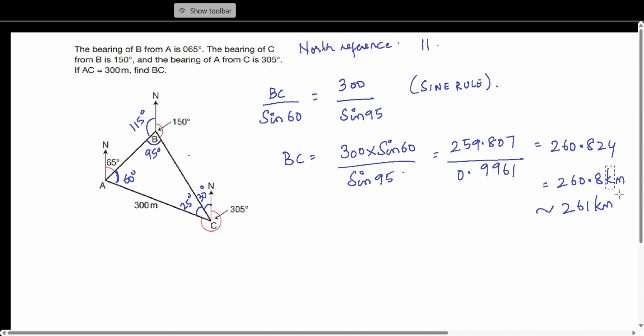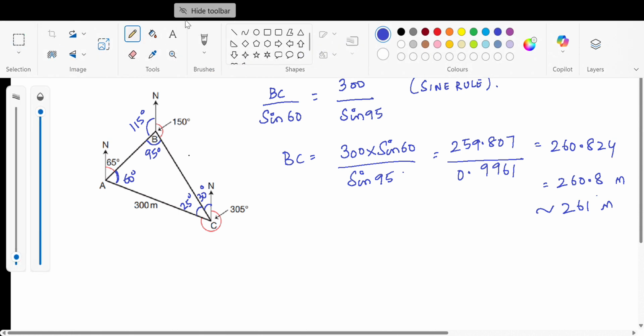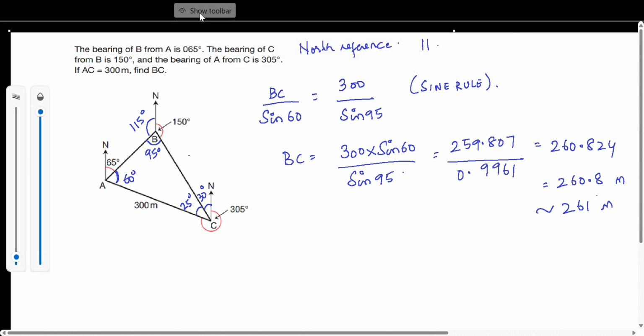You have to check whatever unit it is in. Since this is in meter, obviously what we get also would be in meter, and AC given to be 300 and BC looks almost same as AC, but probably not exactly the same. It's a little smaller. So we have got 261. It looks fine and it fits the bill.